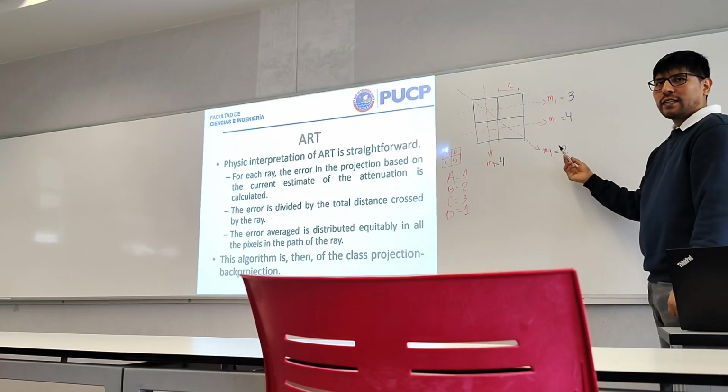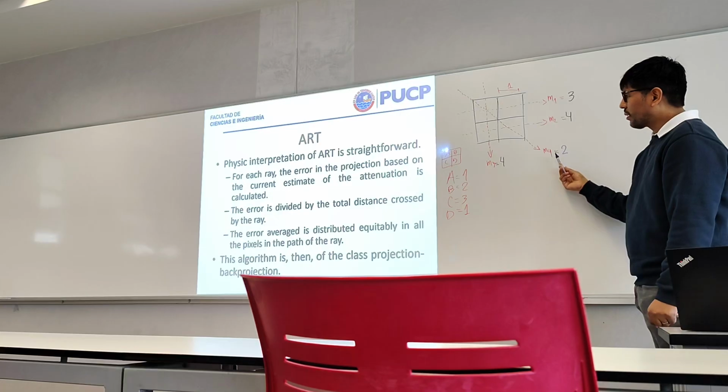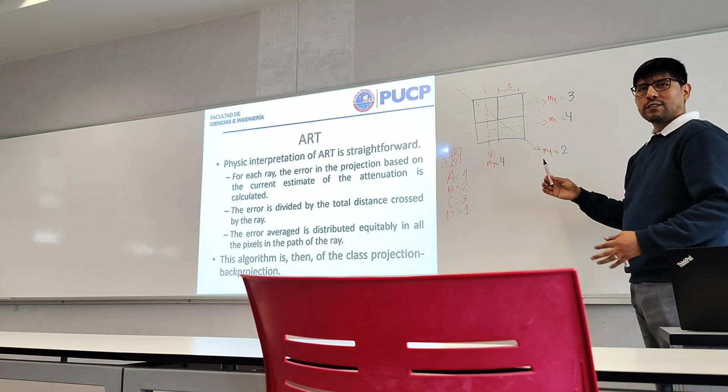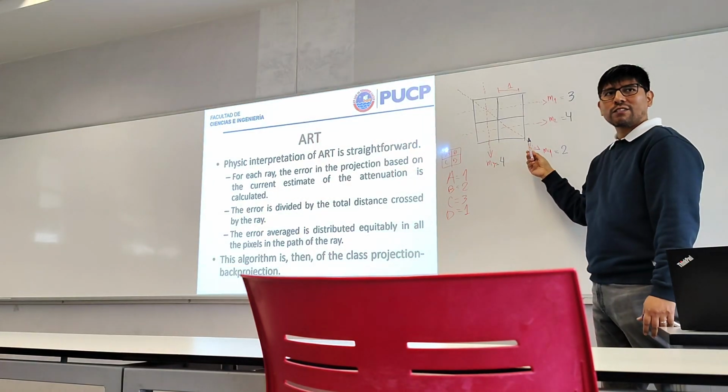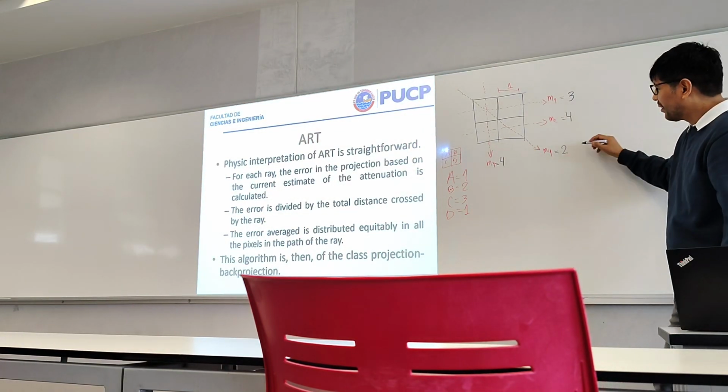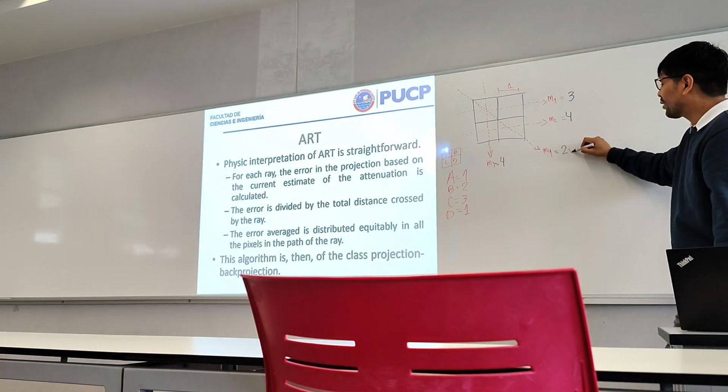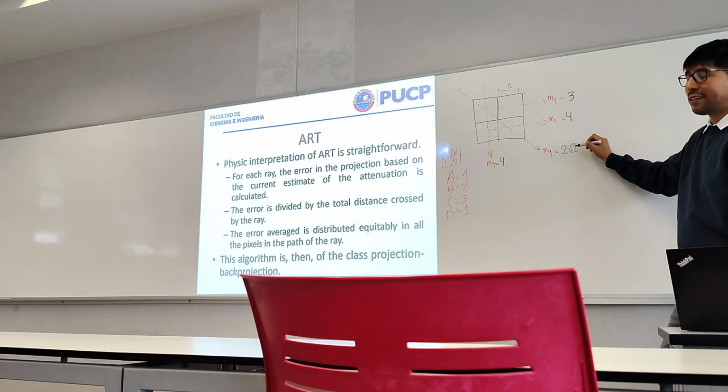But here we are not doing the inversion yet. We are just doing the calculation of M4. If we know exactly the crossing direction, we can say that this is 2 times the square root of 2, just to be more accurate.